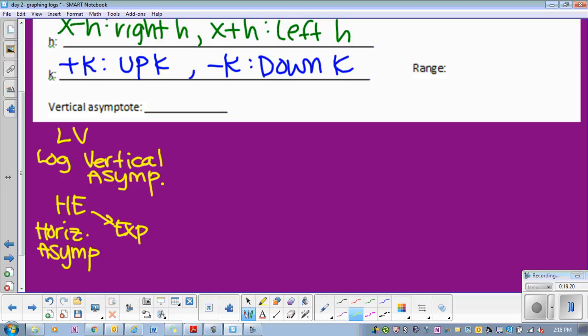Whichever one helps you. But it is up to you to remember which asymptote goes with which function. I was thinking LV. Then I know that logs have a vertical, and exponentials get the horizontal, right?